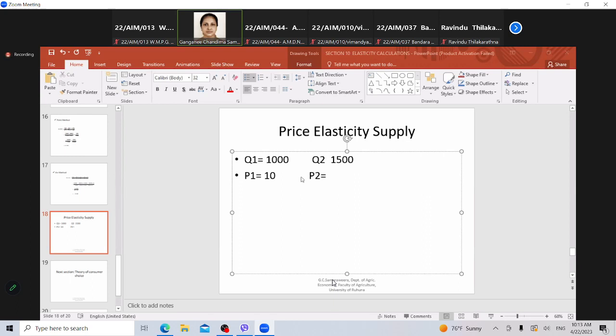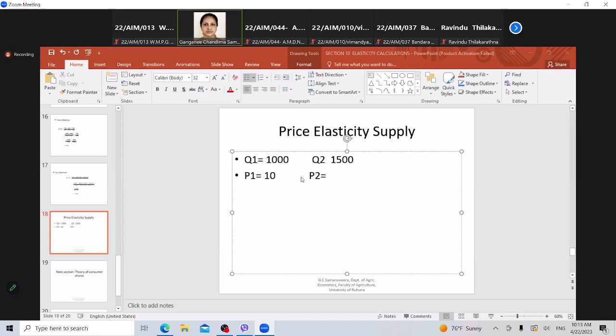Basics. Remember the supply curve. Inverse relationship or just positive relationship? Quantity supplied has increased. So what happened to the price of that particular good?